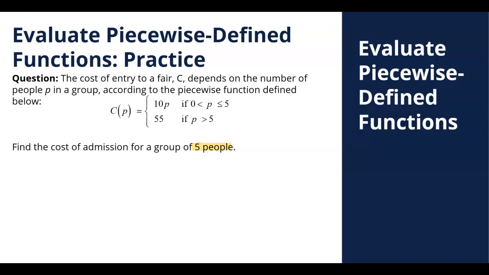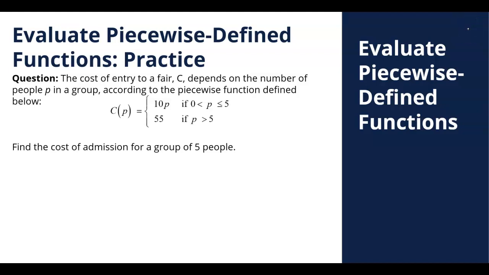So notice that the piecewise function is defined to be 10p if p is between 0 and 5, including 5. And it is equal to 55 for p greater than 5. So here, this 5 is in this interval here.